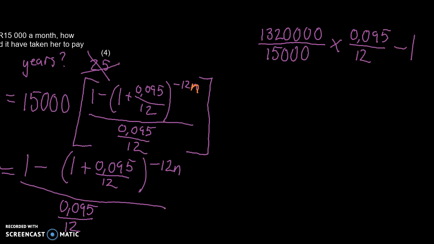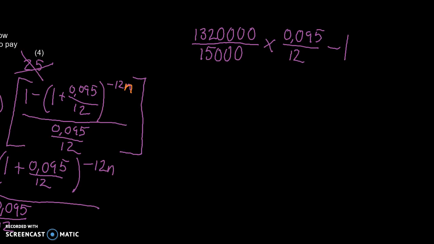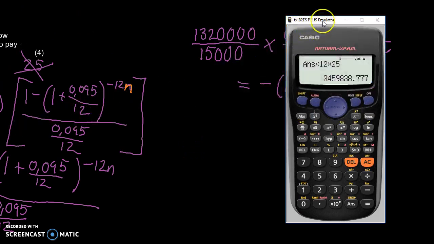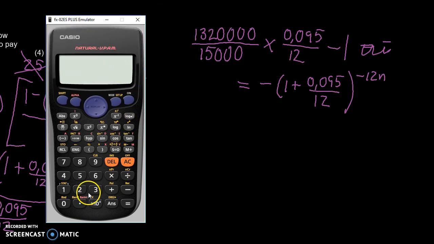I'm taking the negative 1 over at the same time, so that leaves me with negative, oh, I think I've run out of space, so let's just put that down here, negative, and I've got 1 plus 0.095 over 12 to the power of negative 12n. I really don't like the way that looks, so what I'm going to do at this point, let's just use our calculator and get it out, and we'll make it easier for ourselves.